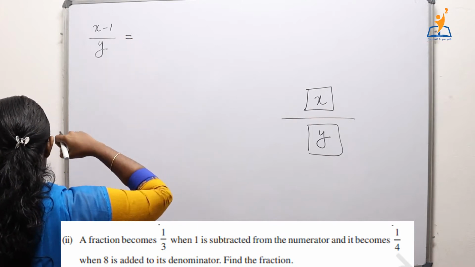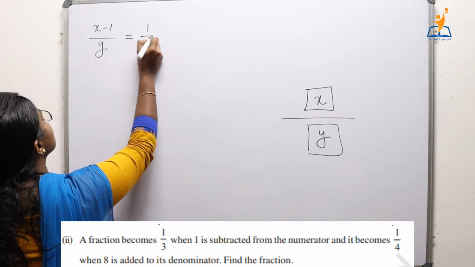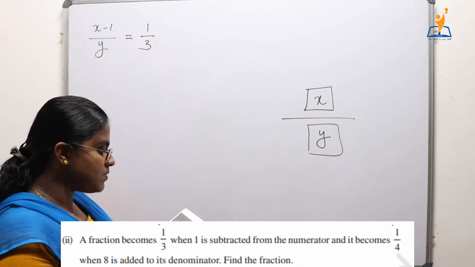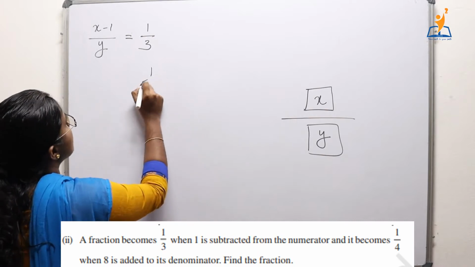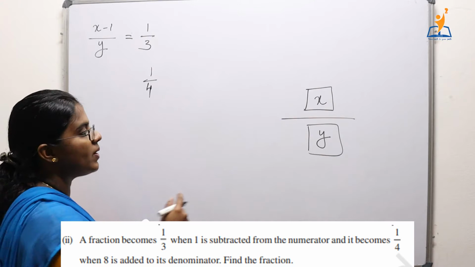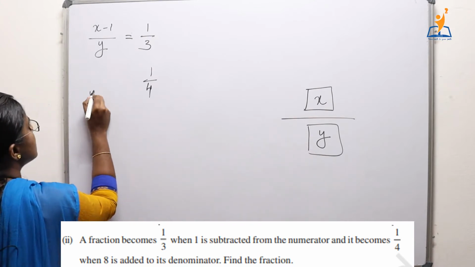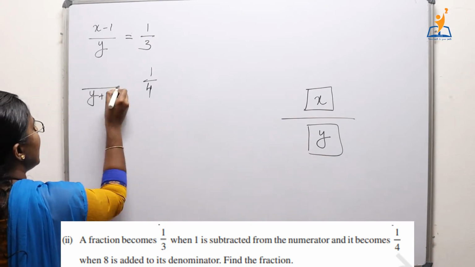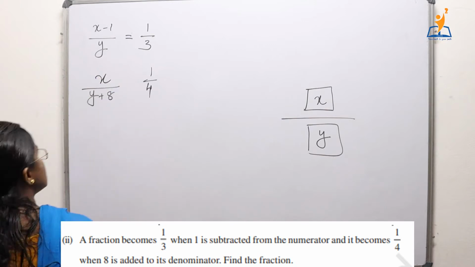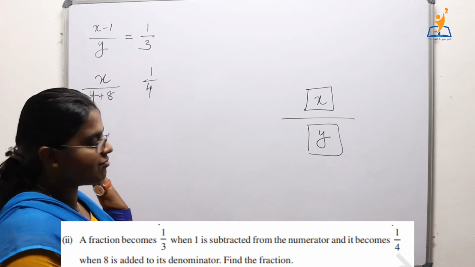Then the fraction is 1 by 3. Now it is again given that the fraction becomes 1 by 4 when 8 is added to the denominator. So denominator is y plus 8 and numerator remains the same. These are the conditions given regarding the fraction.